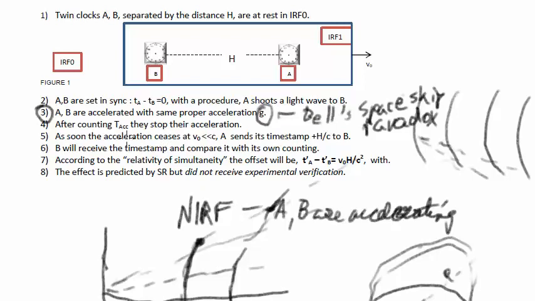All right, but let's go ahead and do this. As soon as the acceleration ceases at v sub naught is less than c, A sends timestamp h over c to B. Let's see if we can figure this one out and see whether he's kind of taken all this into account or not. So both of the guys are going to be accelerating from the moment that the clocks are synchronized to some moment t sub acc.